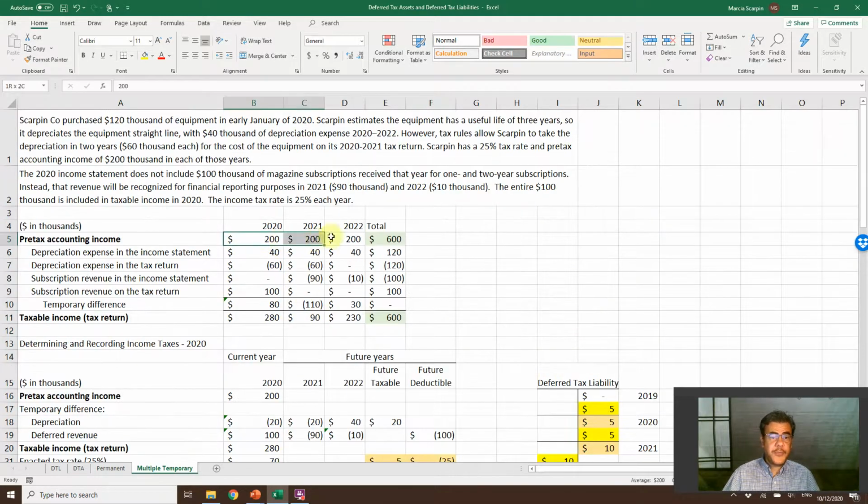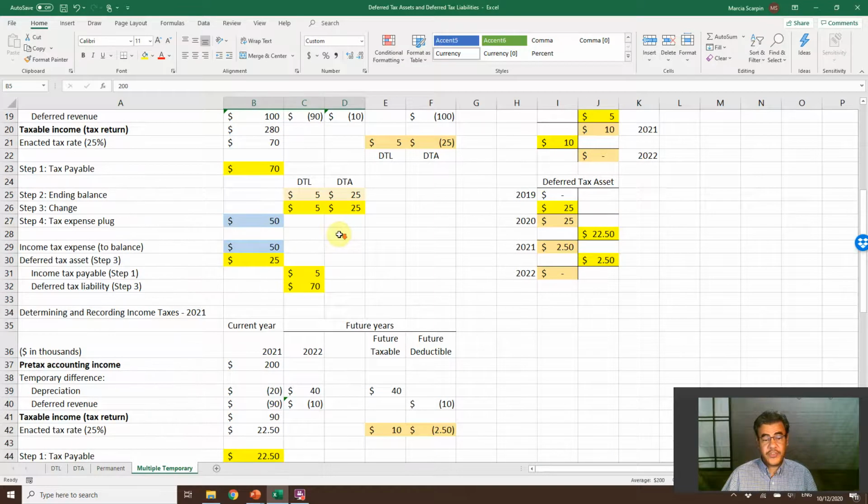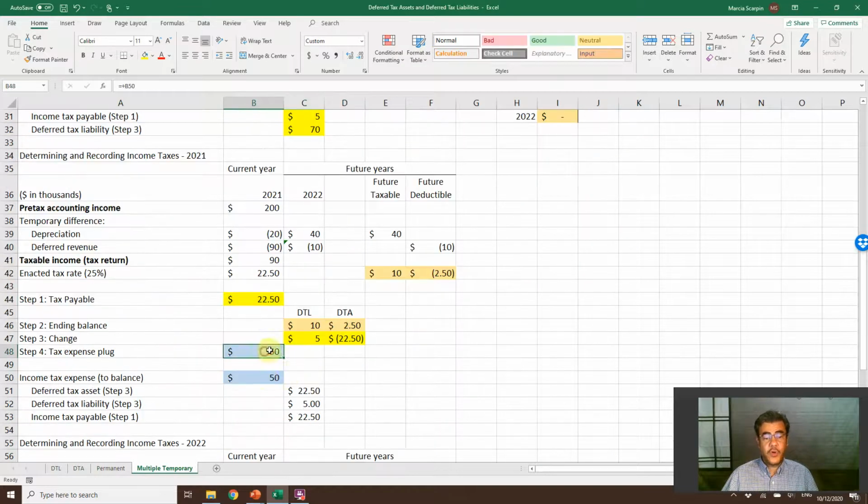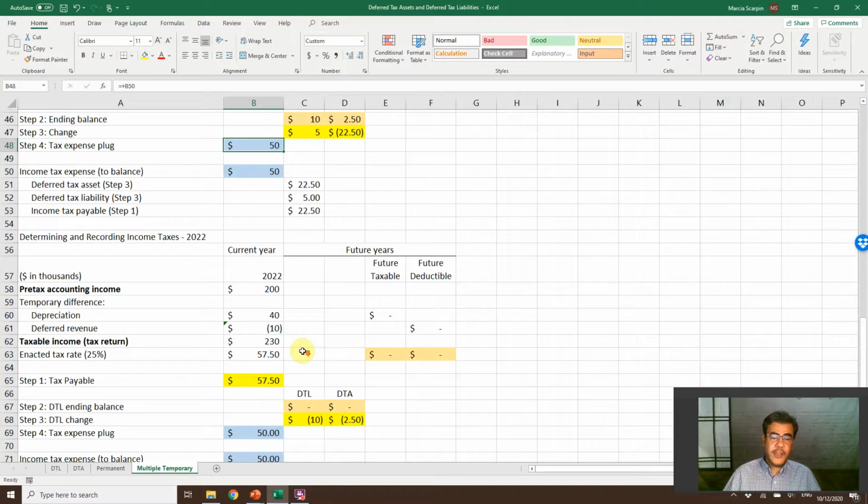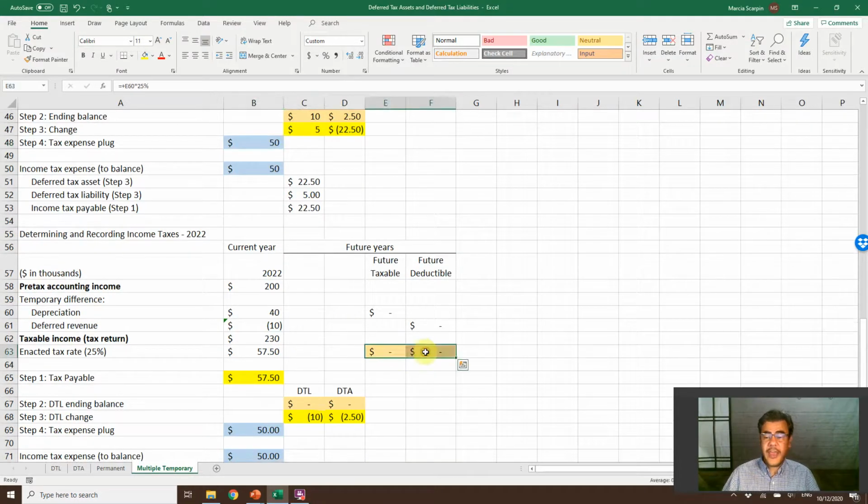Because our pre-tax income, accounting income is the same. And income tax rate, 25. 25% of 200, it is 50. So it will be 50 all the time. And our effective tax rate is also 25% because we have only temporary difference.